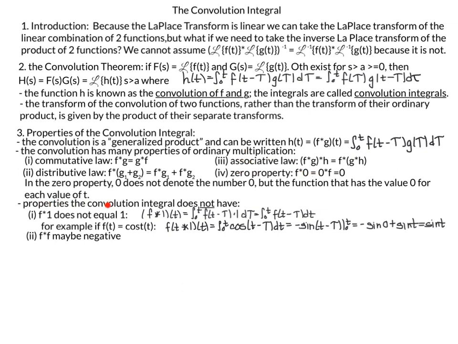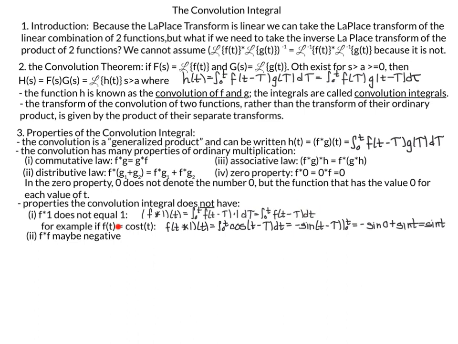The property that the convolution integral does not have is that f convoluted with 1 does not equal f. I have this written out here. So f convoluted with 1 is the integral from 0 to t, f of t minus tau times 1 d tau, which is the integral from 0 to t, f of t minus tau d tau, which is not equal to f in many cases.